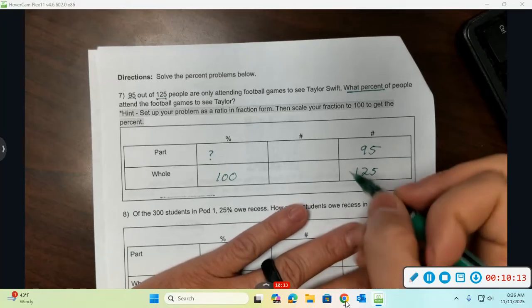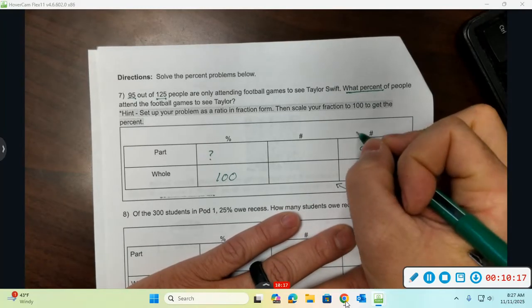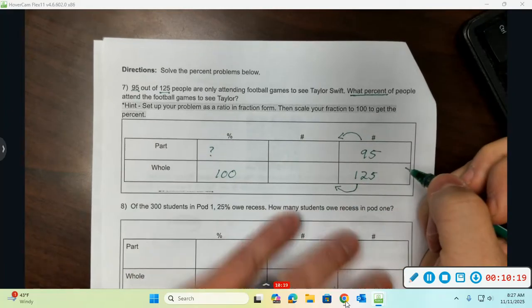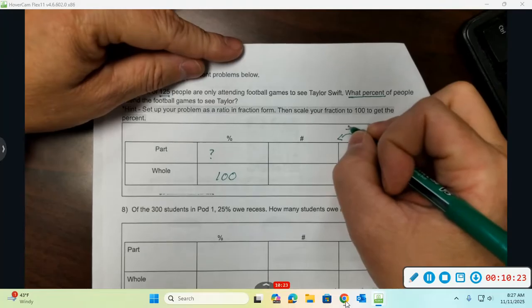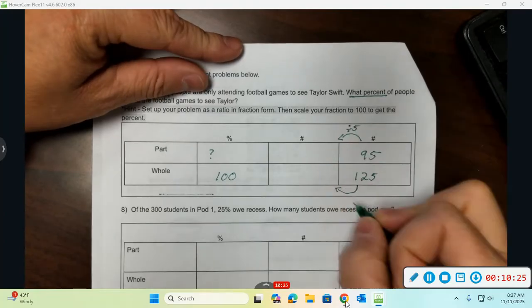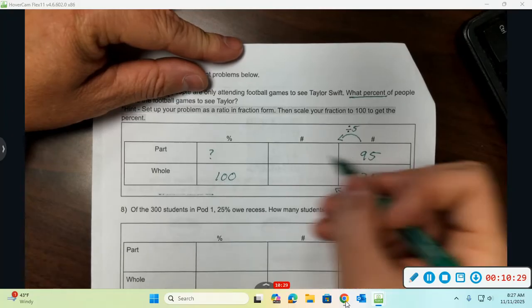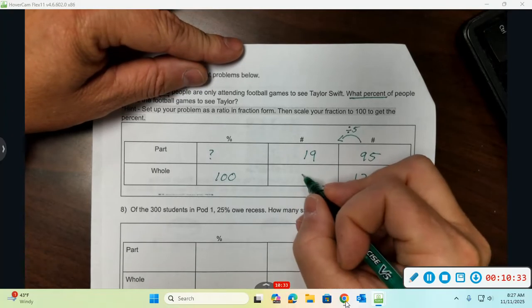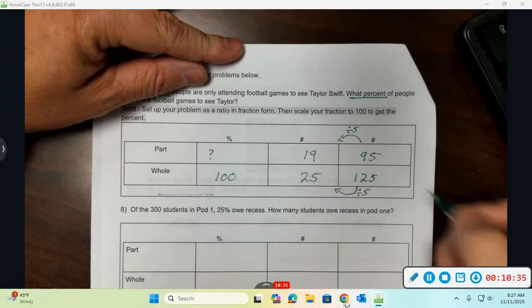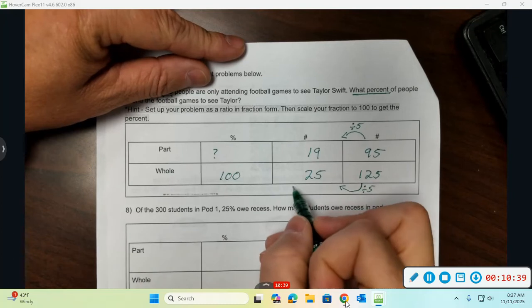So to do that, I am going to divide the 95 and the 125 by something. What could I divide them by? 5. So if we divide them by 5, I end up with 19 over 25, right? Now, does 25 go to 100?